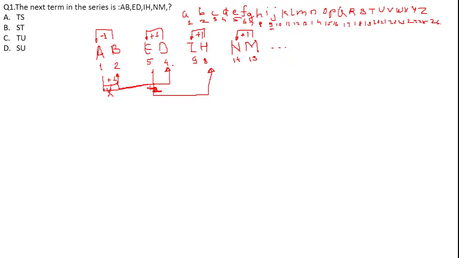So this is +2, we get 4, that is D, and then +1 we get E. Now from 5 we add +3, we get 8, and then +1 we get I. Again from here we add 4 in 9, we get 13, okay, and 13 plus 1, 14. Again in 14 we will add what?